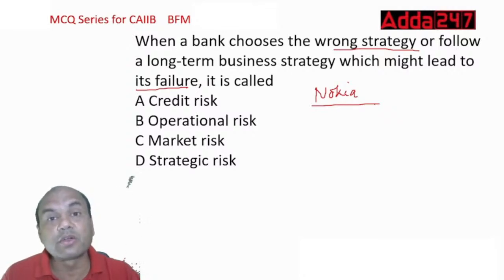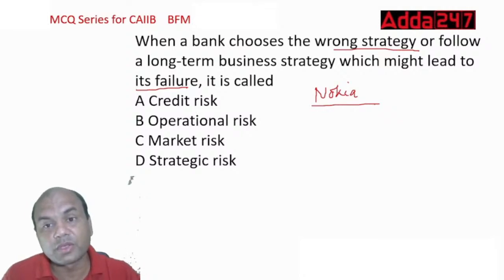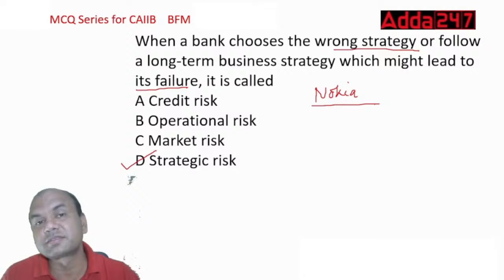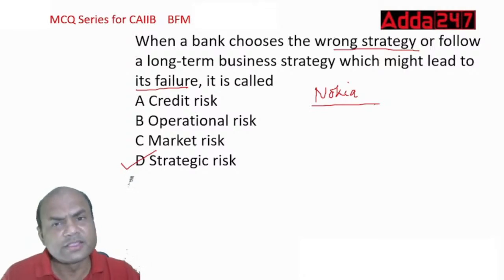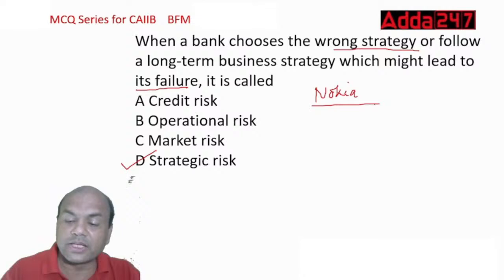Similarly, it was thought that Nokia will never die. But what happened to Nokia? Gone. Nokia is gone. Why? Wrong strategy. Strategic risk. Same thing happens with the bank. When the bank chooses the wrong strategy, it will go down, collapse, in the long run. So that's why this is known as strategic risk.